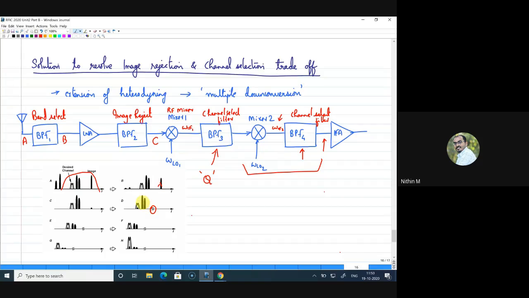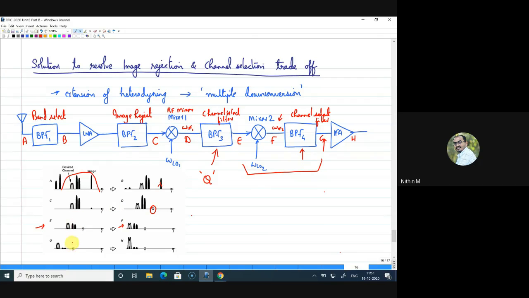Now there are two points: this is my D stage, probably this is E, F, and this is G, and say this is H. Now you can see two channel selection filters, so E and F. E is after the first channel select filter, where the in-band interference strength is reduced a bit, right?